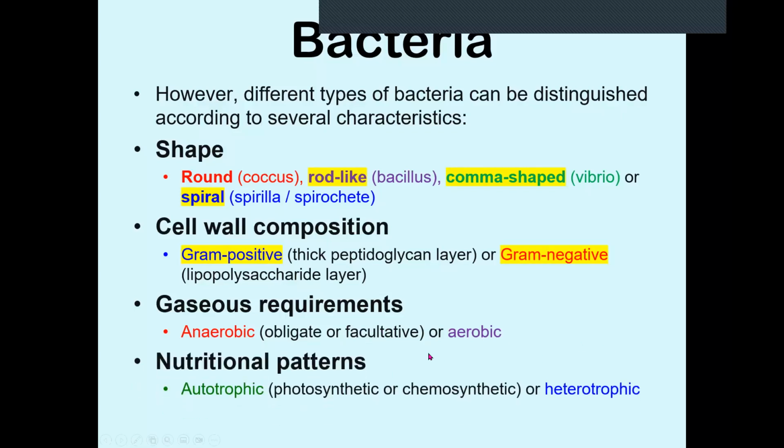And the nutritional patterns are, some of them are autotrophs, which means that they can photosynthesize or they can chemosynthesize. So they use something like light or some chemical to produce the energy that they require, or the heterotrophs, which means they have different mechanisms of obtaining their food.